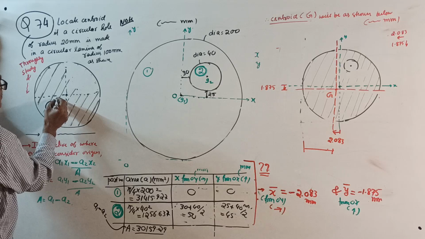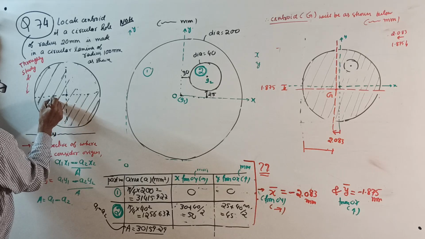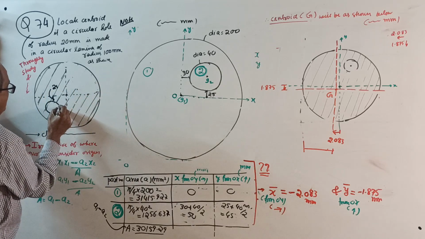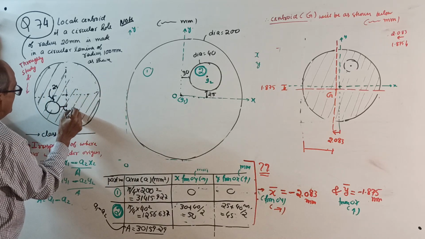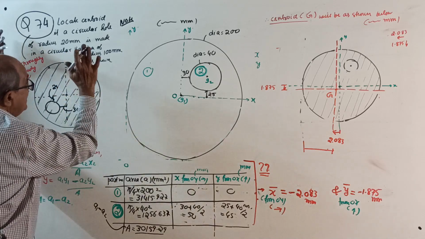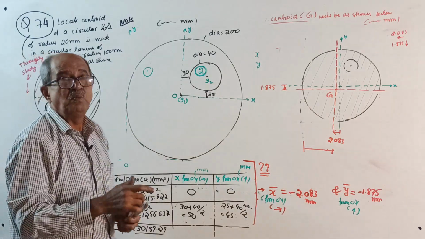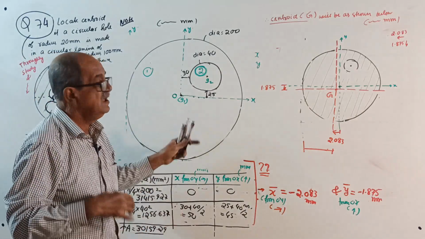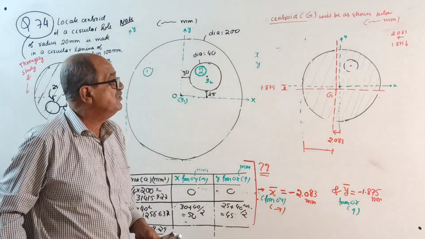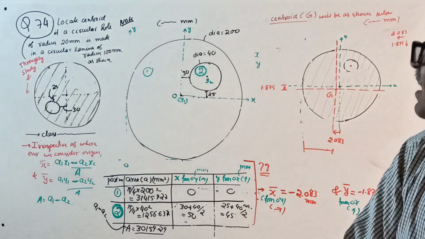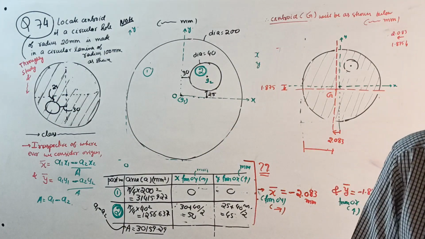This is 25, this is 25. This is 30, same question. I am removing the circle on this side. Now more concept will come. I will change that value. Start then. 74.